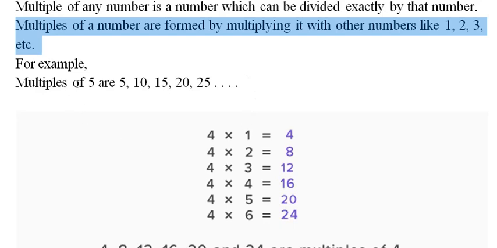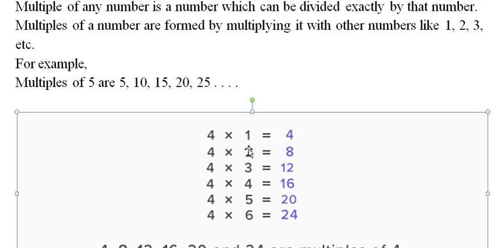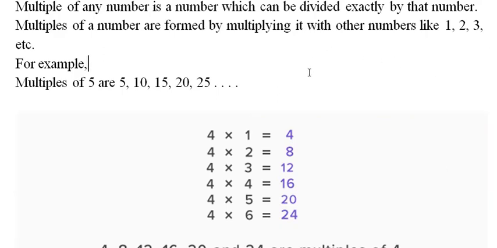The multiples of 5 start with the number itself, and you multiply it with 2: 5 ones are 5, 5 twos are 10, 5 threes are 15, 5 fours are 20, 5 fives are 25, 5 sixes are 30, 5 sevens are 35, and it goes on and on. So if you multiply a given number with 1, 2, 3, 4, 5, 6, 7, and so on, whatever results you get are known as multiples.